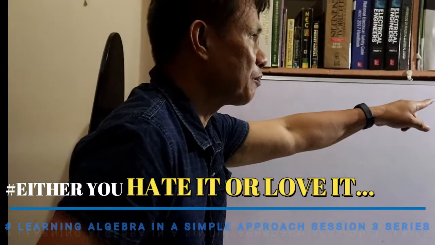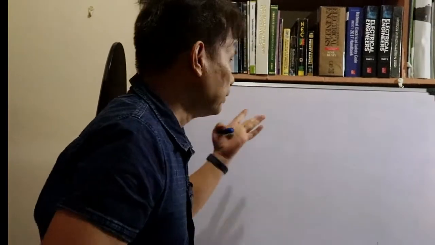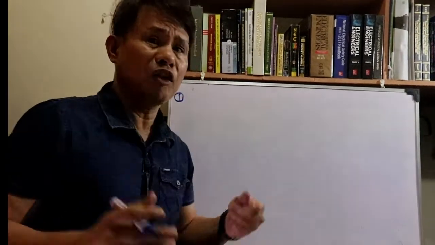We have the commutative property of addition. This commutative property of addition, if you are using the numbers A and B, okay?